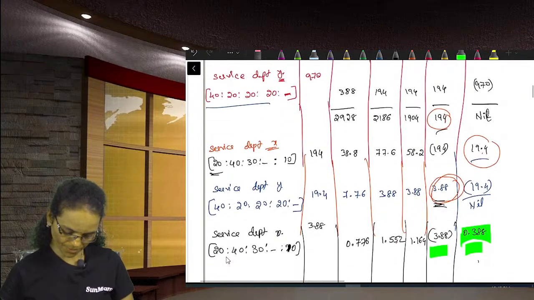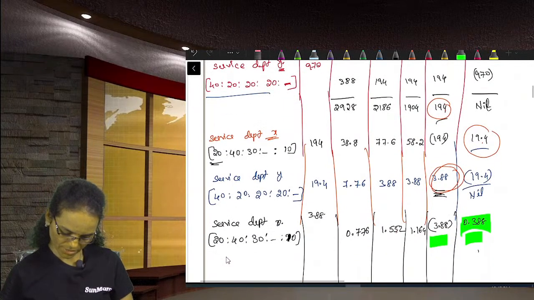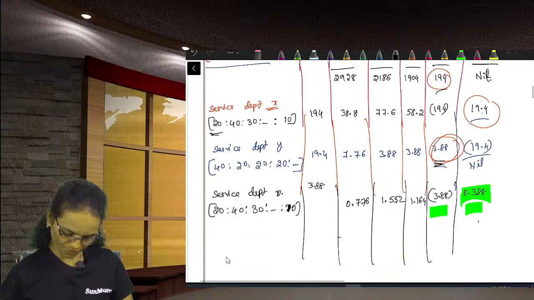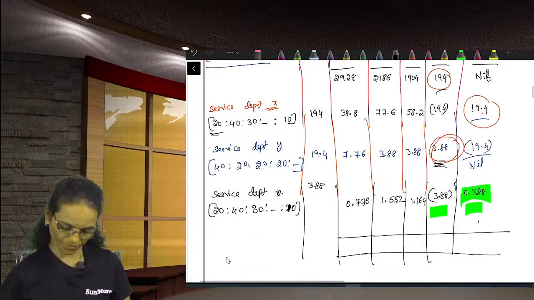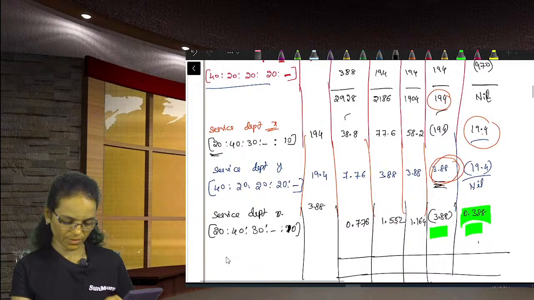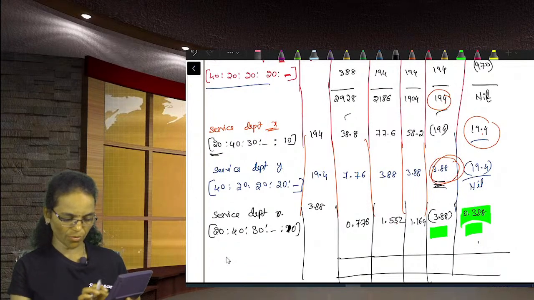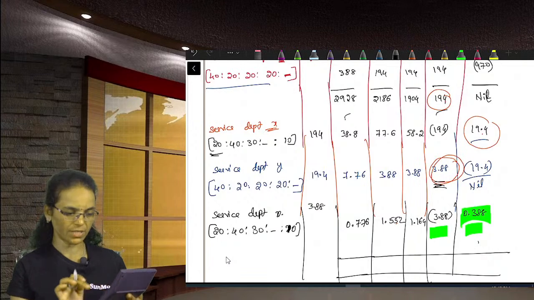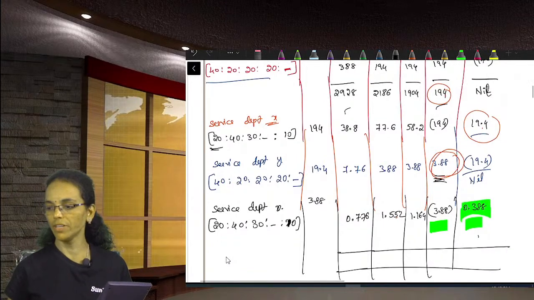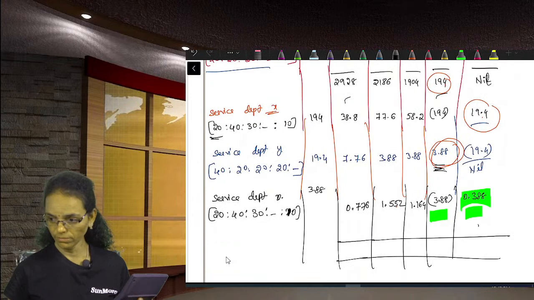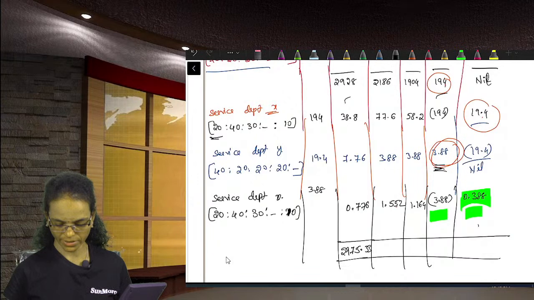So here, 2928 plus 38.8 plus 7.76 plus 0.776, that is 2,975.336 rupees.